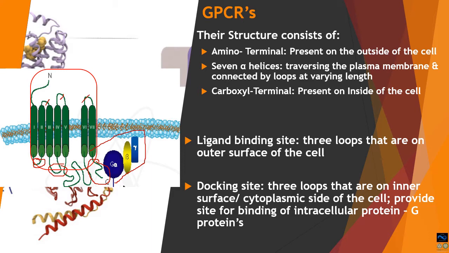These are the interaction sites which interact with the accompanying G proteins located inside the cell, with the help of these loops and the structure present in the G protein itself, so as to activate the attached G protein.